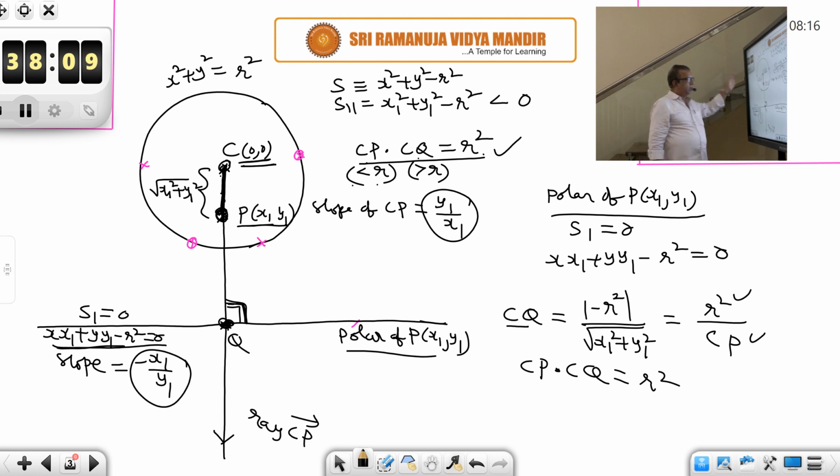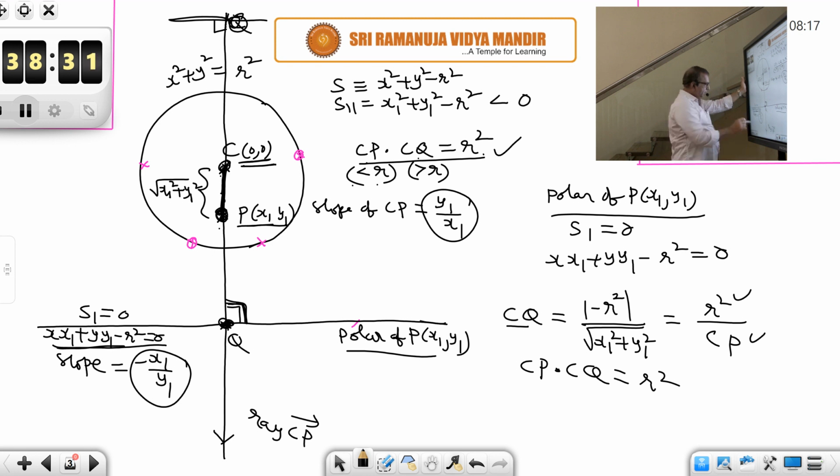It's exact location of the polar of inside point. But the question is, why we are not producing this side? This side there will be another point Q here, such that CP into CQ is equal to r square. That side also one point will be there. CP into CQ is equal to r square. Why not there? No, it is not there.